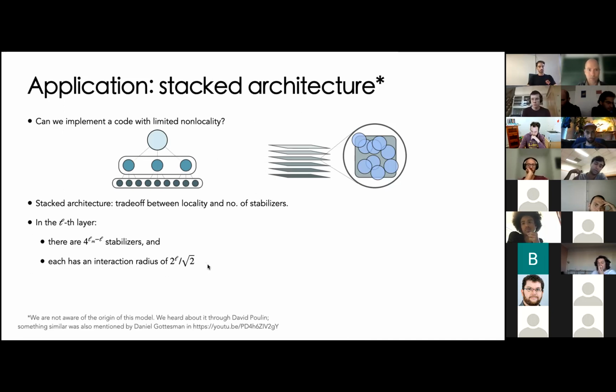And we're not sure about the origin of this model. We know that David had been considering this a few years ago as one potential way to implement quantum LDPC codes. And more recently, Dan Gottesman had also mentioned this as one potential way to implement quantum LDPC codes, perhaps as a model for implementing the hypergraph product code or some of these other codes that we've been seeing.